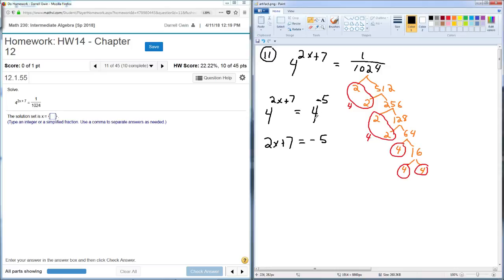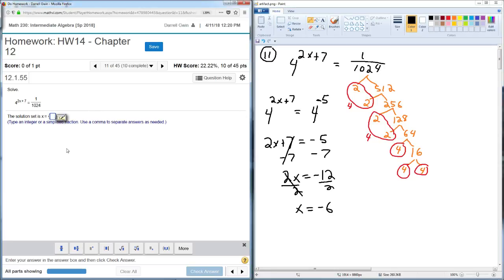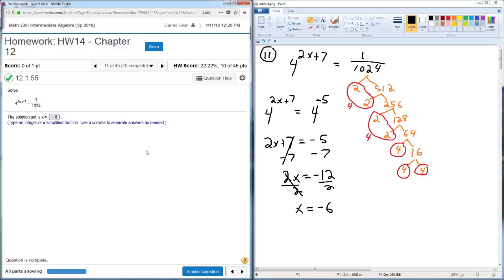One-to-one rule, if the bases are the same, we can ignore the bases and focus on the powers. Let's solve this. Subtract 7 both sides. We get 2x equals negative 12. Divide by 2, and we have x equals negative 6. The answer. There we go.